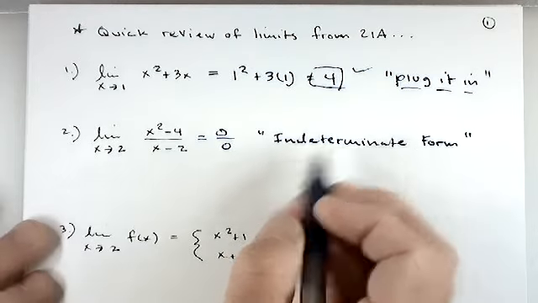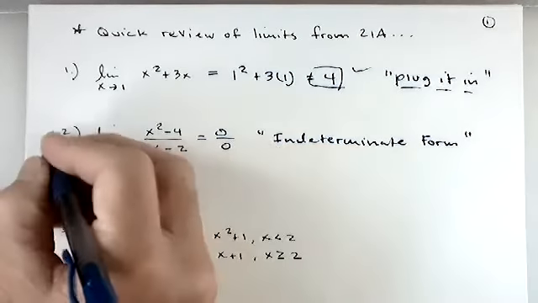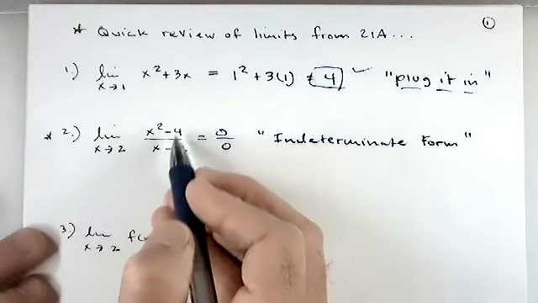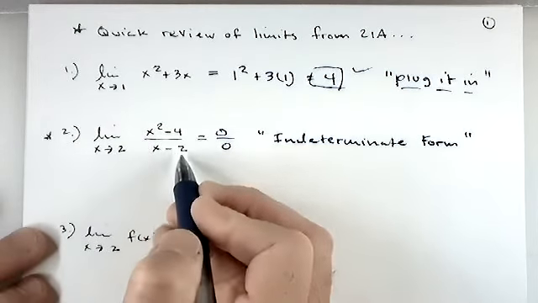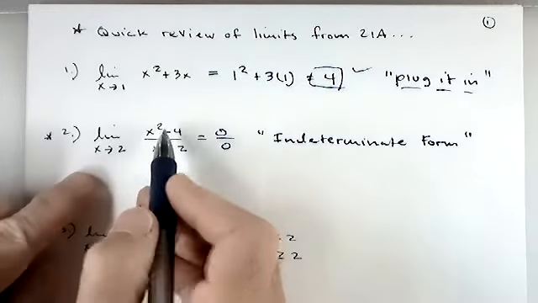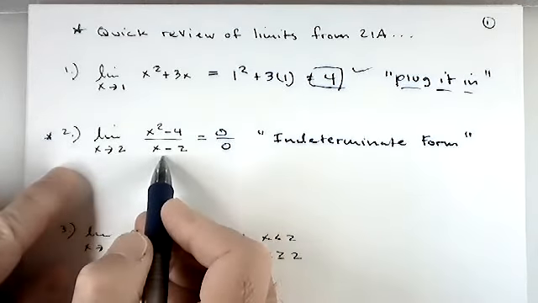There's lots of options. Now, for this one, at the end of 21a, you had a nice way to deal with 0 over 0 limits. What rule did we learn at the end of 21a? Yes, L'Hopital's rule, right? You could just take the derivative of the top divided by the derivative of the bottom.